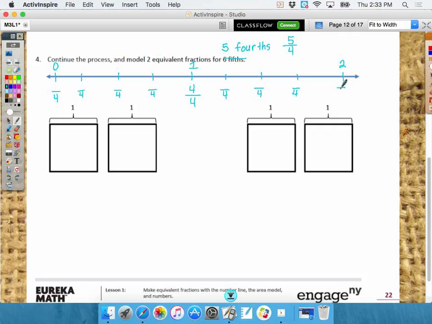Now things get a little confusing when we go past the number 1. Remember, start with 0 when you're labeling.